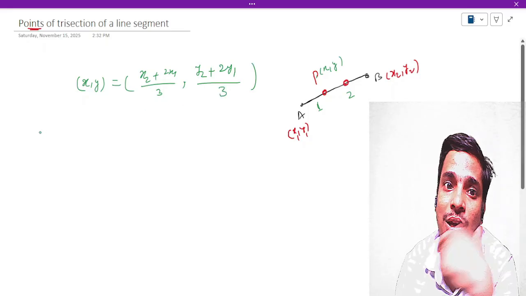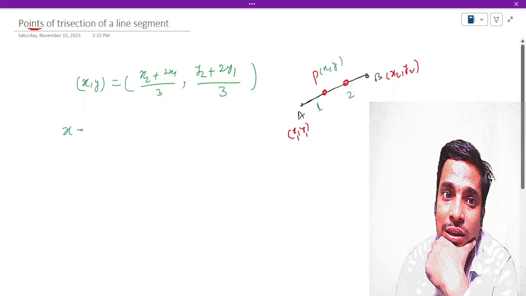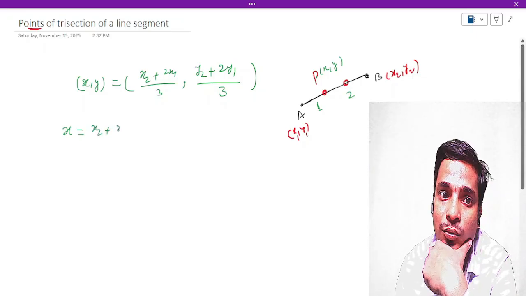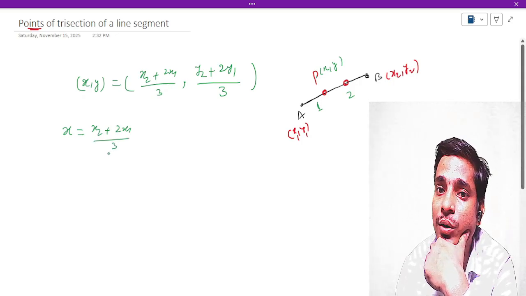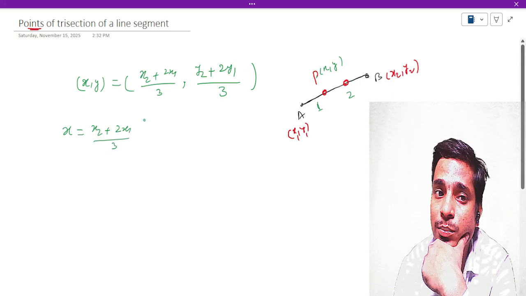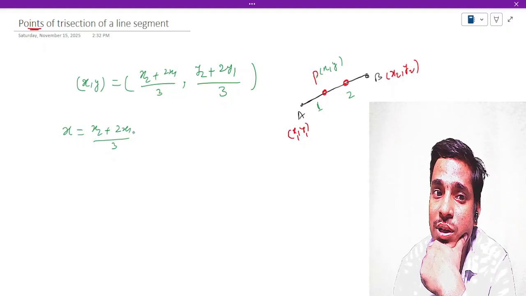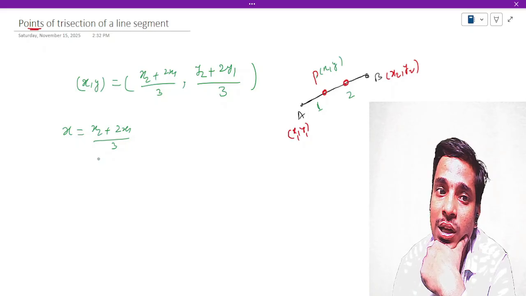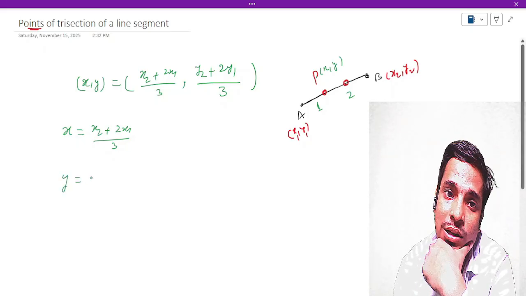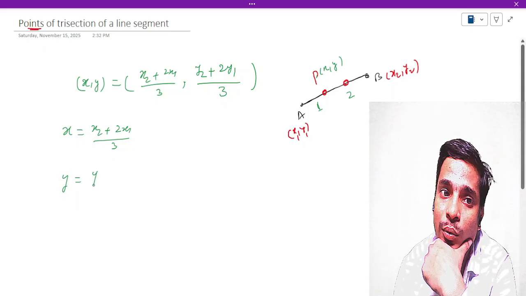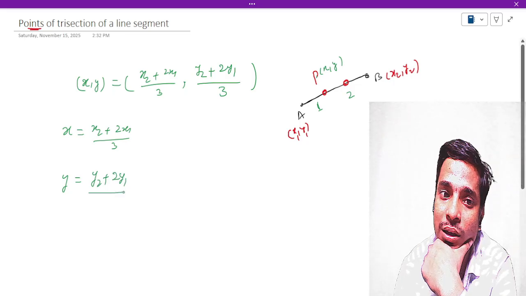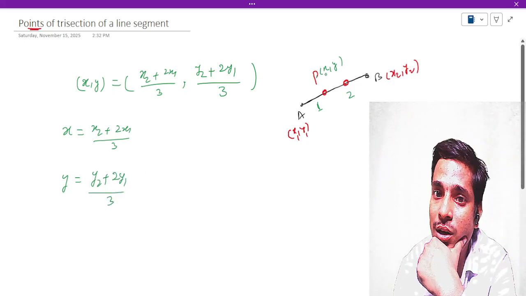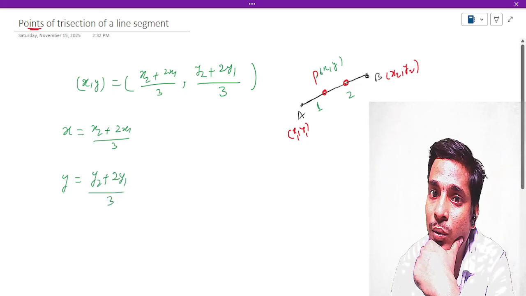So with this, you can say that x is equal to x2 plus 2 times x1 by 3, and y is equal to y2 plus 2 times y1 by 3.